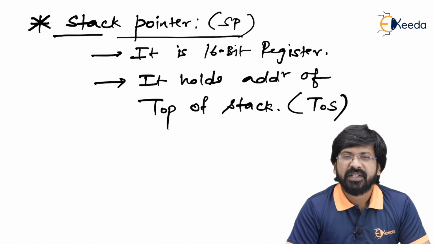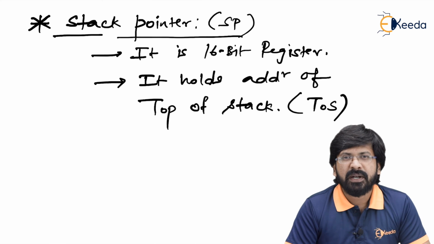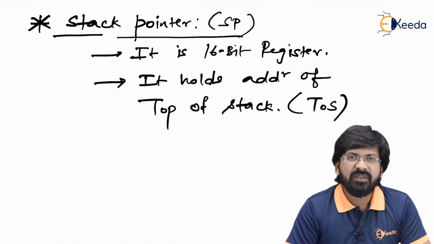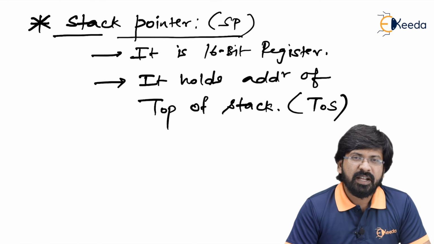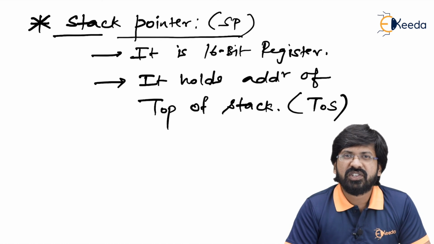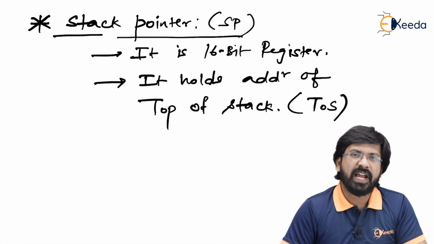Now what is meant by that? It refers to a special memory called stack memory. Stack memory is actually a part of the MPU's memory only, but it is just a reserved area where temporary content is stored for some purpose. That temporary content area is what we call stack memory. So if we want to know the current stack memory location, then we should know the content of the stack pointer.